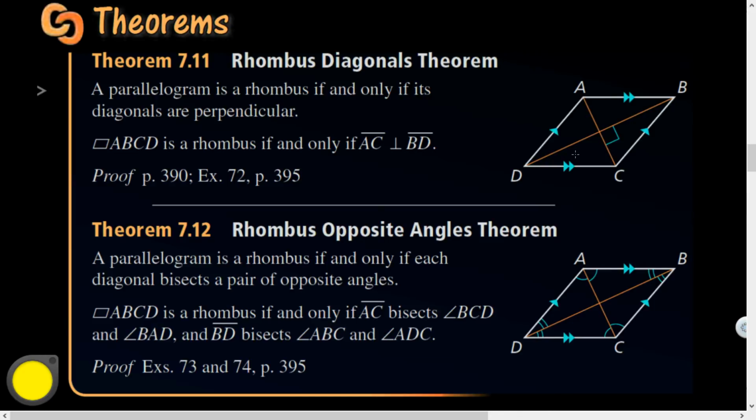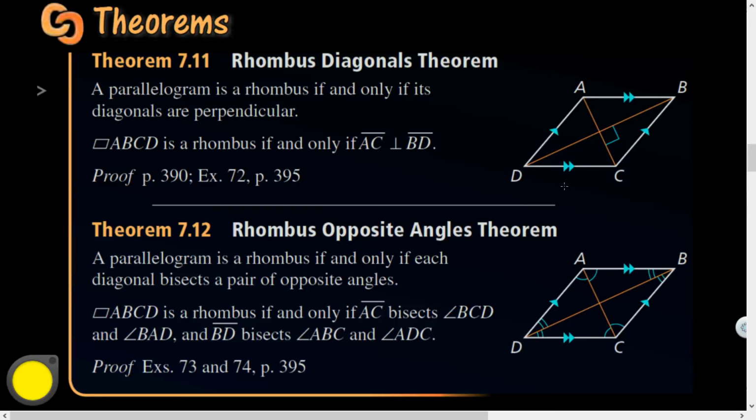Wait a minute. I'm trying to count out to a minute until it's square time. Its diagonals are perpendicular? It's an if and only if?